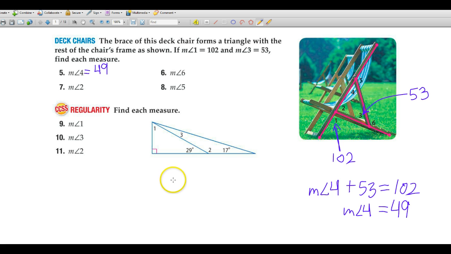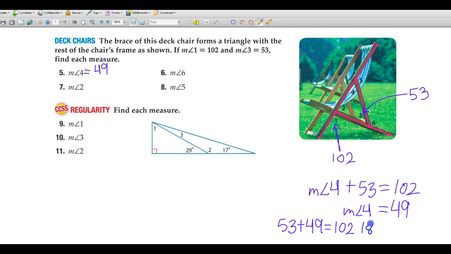Number 7, to find the measure of angle 2, since we now know what the measure of angle 4 is, 49, and we have the measure of angle 3, we can add those two angles together and subtract them from 180, and that will leave us with the third interior angle. So if we take 53 plus 49, that would be 102.